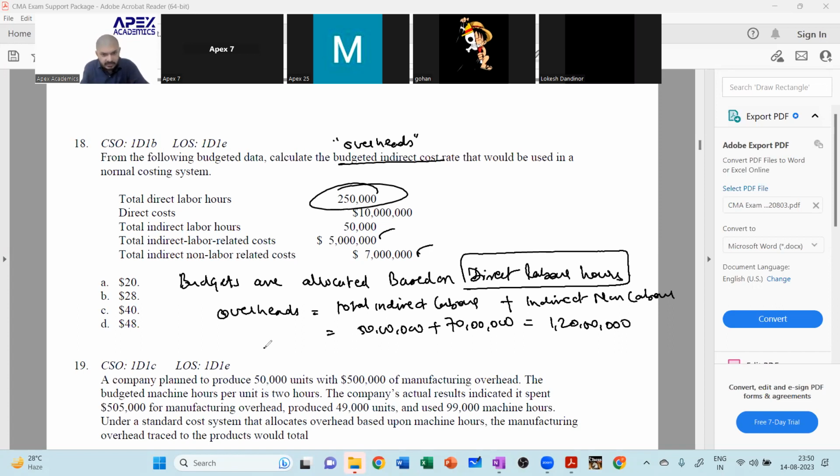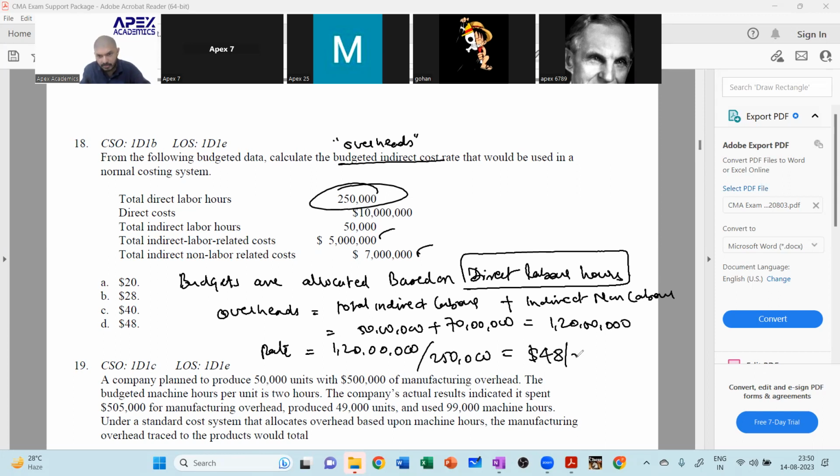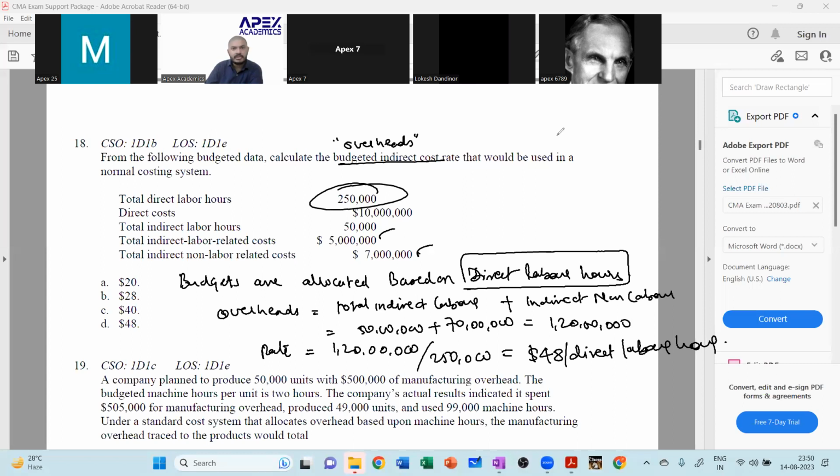The rate will be 1 crore 20 lakhs divided by 2,50,000, and my answer comes to $48 per direct labor hour. Are you with me, guys? I hope you are. Please copy this down.